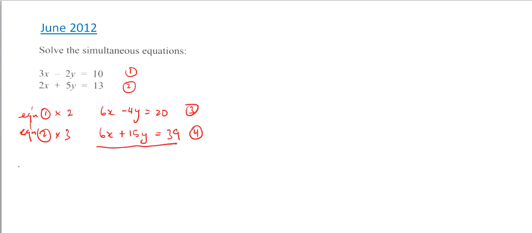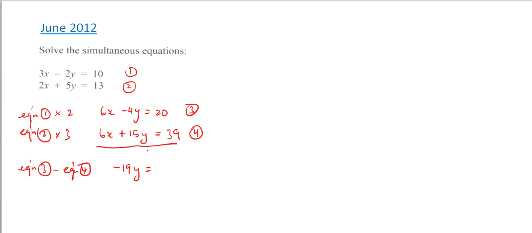So the next step is to subtract both equations. So equation 3 minus equation 4. That'll give us 0. 6x minus 6x is 0. And minus 4y minus 15y gives me minus 19y.